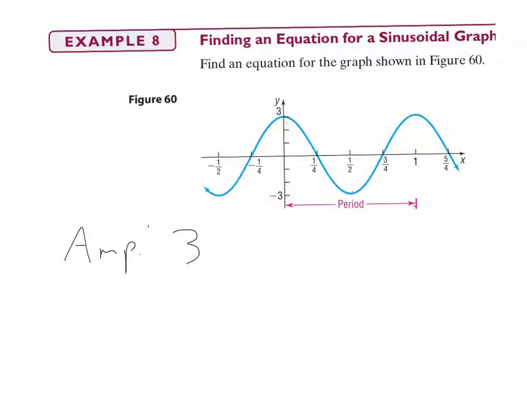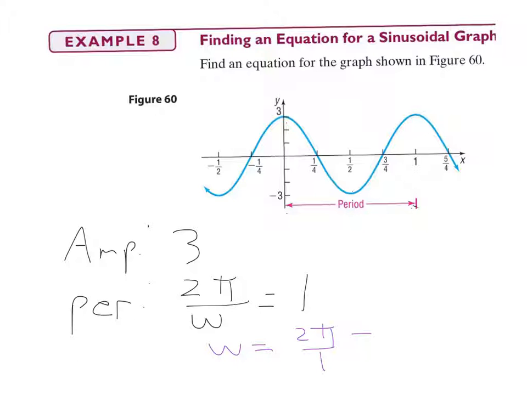And the period, since this looks like either the sine or cosine function, period is 1, so you would do it by taking the formula 2 pi over w. I think your book's actually trying to use the Greek letter, lowercase omega, but it looks like a w. 2 pi over omega equals 1. So if you solve for omega, that would be omega equals 2 pi over 1, which means the number in front of x would just be 2 pi.